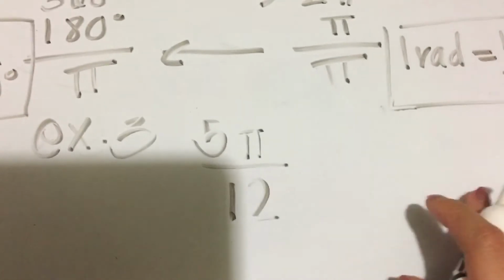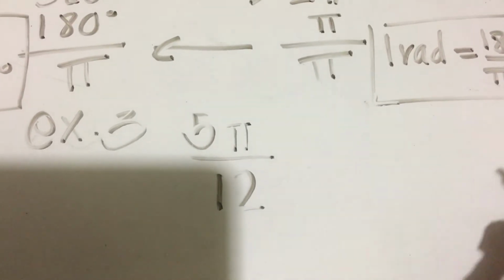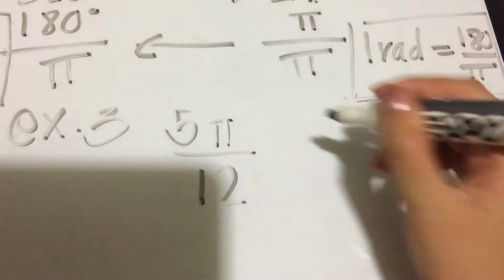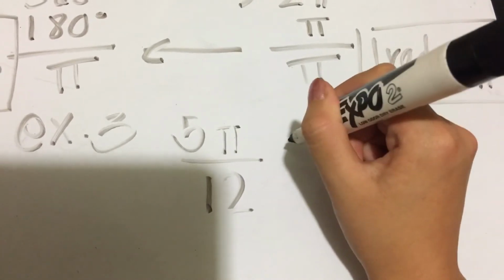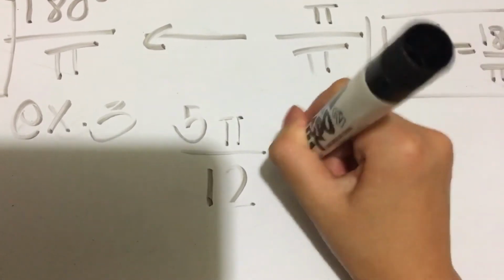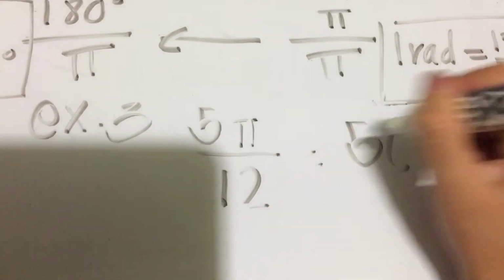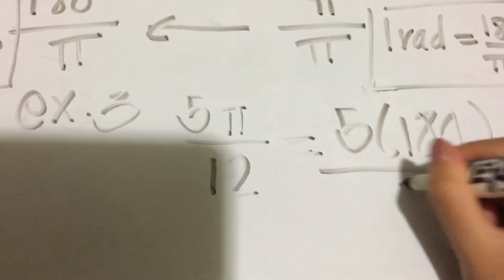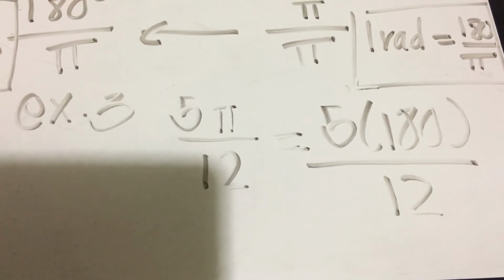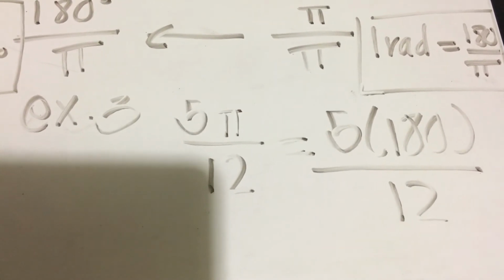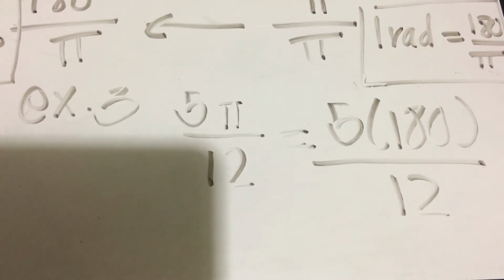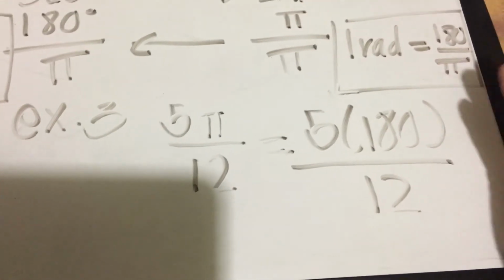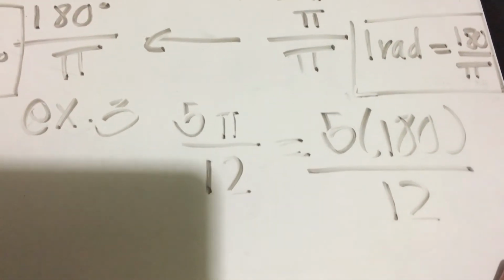So instead of going through all that multiplication, all we'll do is change pi into 180 degrees. This becomes 5 times 180 divided by 12. So it's a quick one-step problem versus having to cancel and everything.